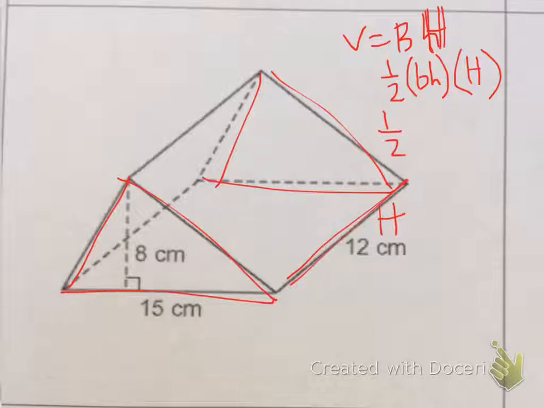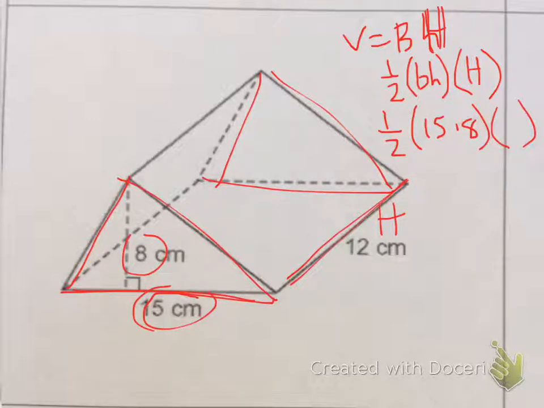So 1/2 of the base, which is 15, times the height, which is 8, and then times the height of the whole prism, which is 12. Punch that in your calculator, and you get 94.8. So the volume of this prism is 94.8 centimeters cubed.